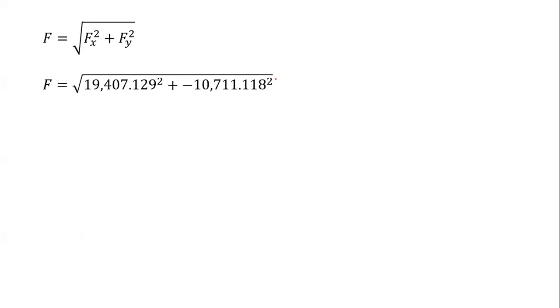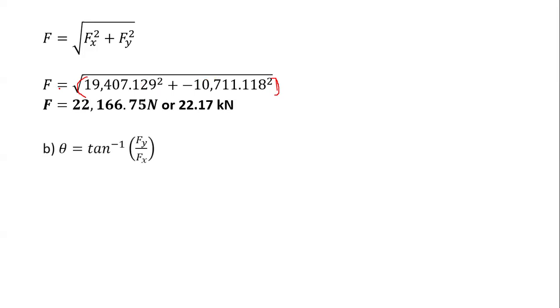All these under the root, or for the sake of your calculator, make sure you use brackets in front and at the back, so that everything is under the square root. So your answer becomes 22,866.75 newtons.